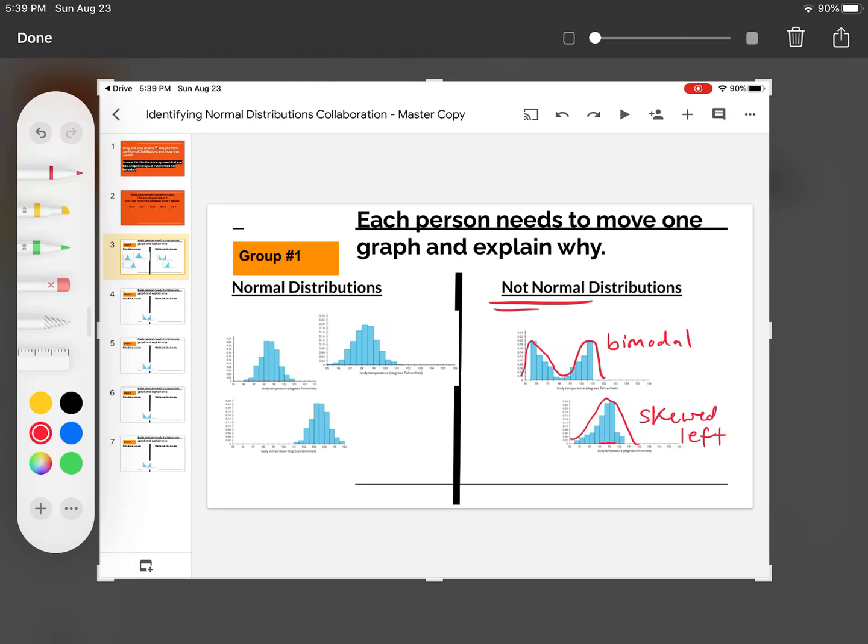This one looks symmetrical and has one mountain peak in the middle. This one is also relatively symmetrical, and this one also is relatively symmetrical. So yes, those all would be normal distributions since they're not skewed and they're not bimodal.